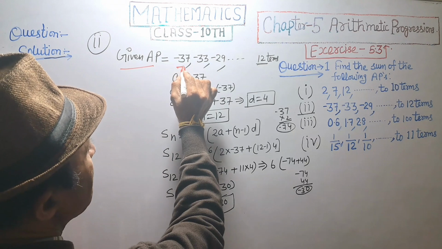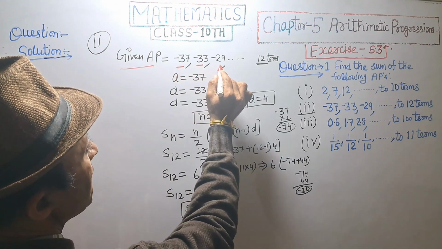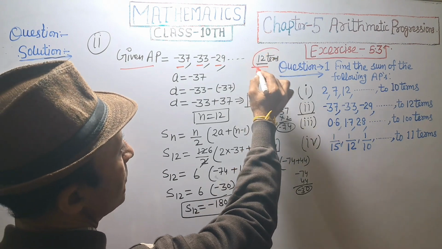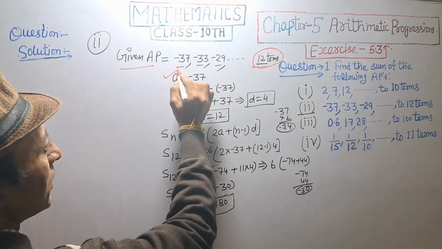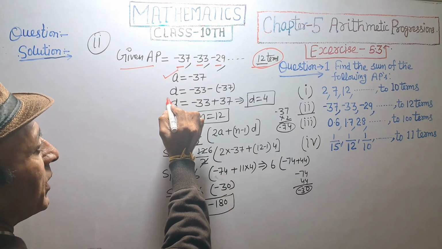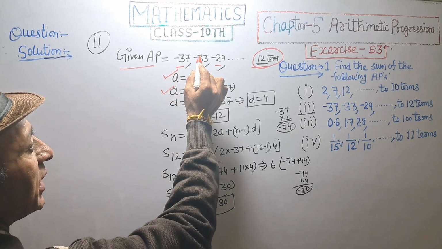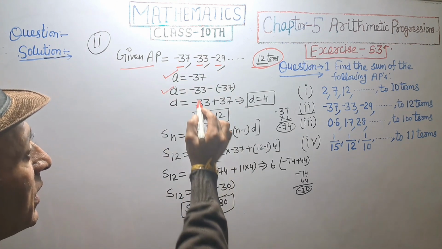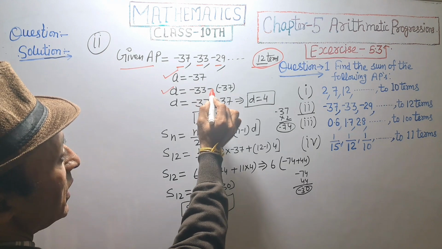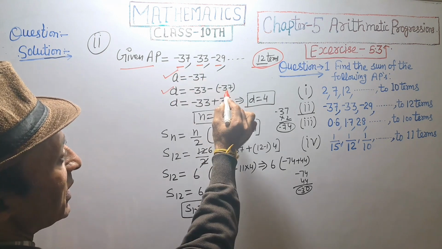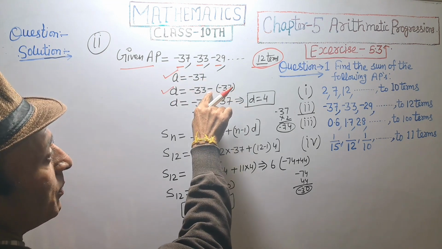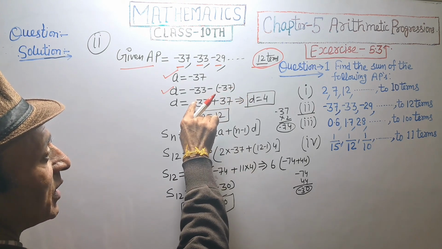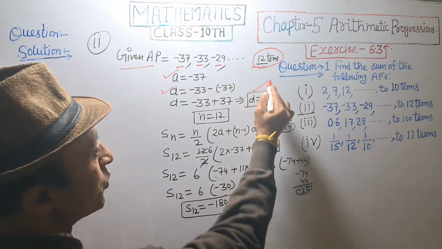Given AP minus 37, minus 33, minus 29 and up to 12th term. A is here minus 37 and common difference is equal to second term minus first term. Second term is minus 33 minus first term is minus 37, minus multiply by a minus, that is positive 37. 37 minus 33 is equal to positive 4.